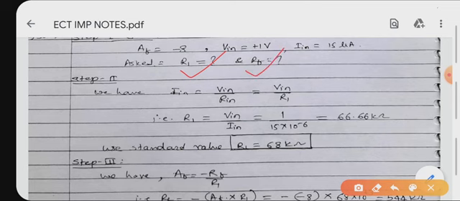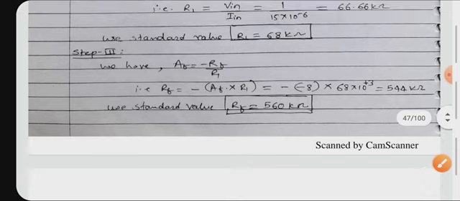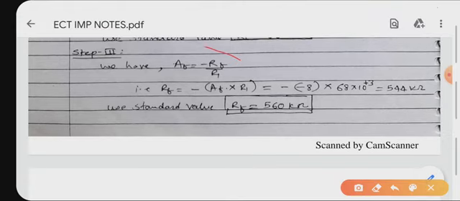The basic formula is I in equal to Vin upon R. Input current is equal to input voltage divided by input resistance. Based on this, you can calculate the value of R1. You will get it as 61 kilo ohm. Then using the other formula of gain, AF is equal to minus RF by R1.